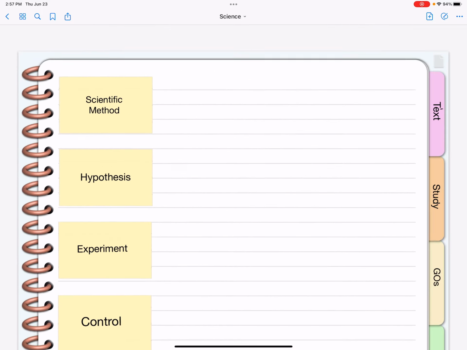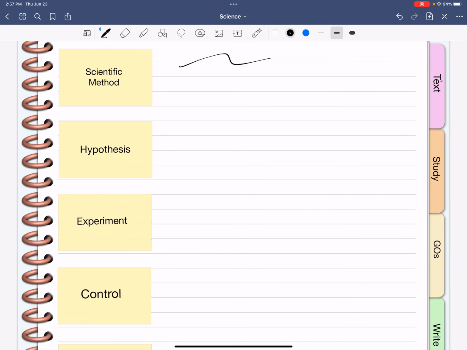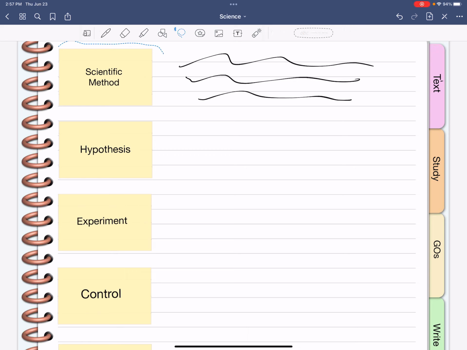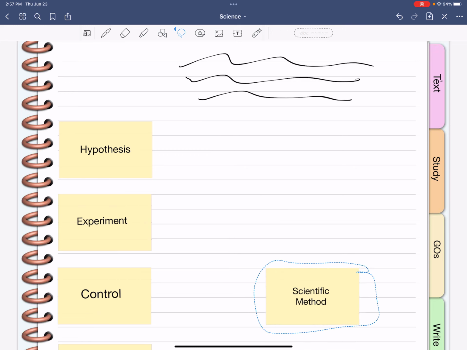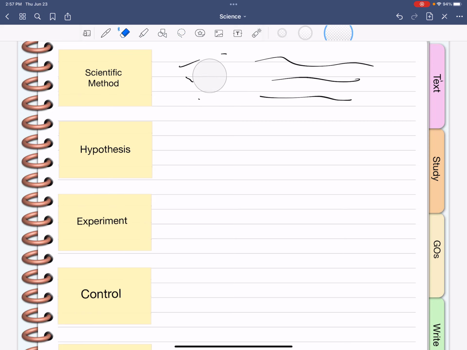Another thing you can do is to write the definition in your notebook. So you write the definition here, and then you can move your post-it notes around to match up the definition to the word that it goes with. However you want to do this. This is sort of a thing that varies by individual.